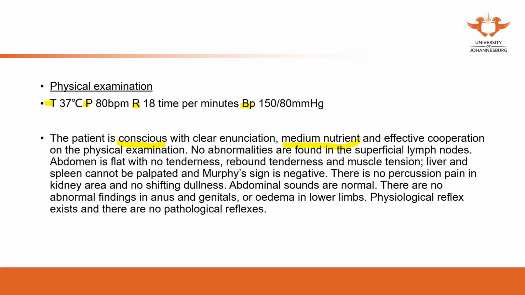The nutrition actually refers to the body build, someone very skinny, malnutrition, and cooperation on physical examination. From these, you will see that the patient is still conscious and active.